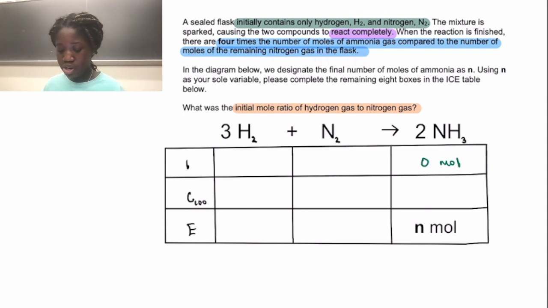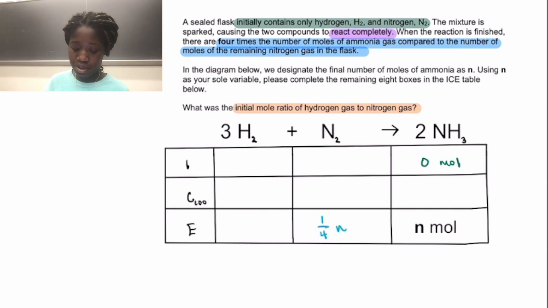And luckily, we know the final number of moles of ammonia gas. So the final number of moles for nitrogen is 1/4 of this. So I'll designate that with 1/4 N, as multiplying these by 4 is just N.